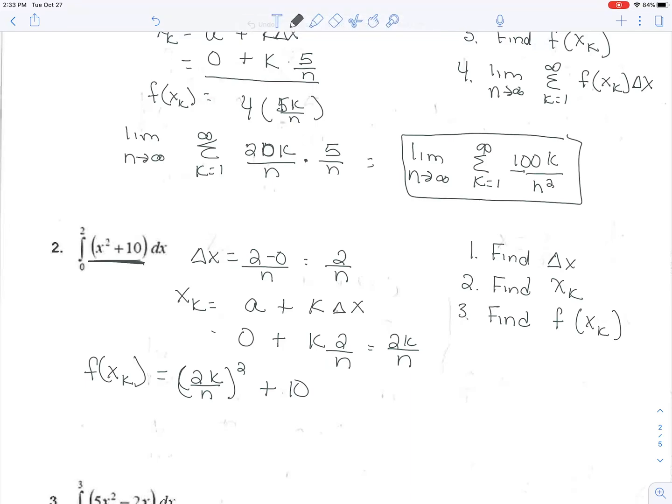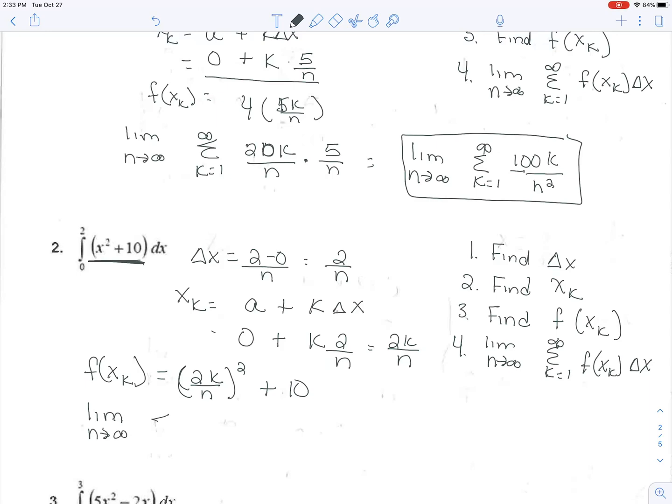So now we're going to go back and take the limit, and remember we write the limit as n approaches infinity of the summation k equals 1 to infinity of f of x_k times delta x.